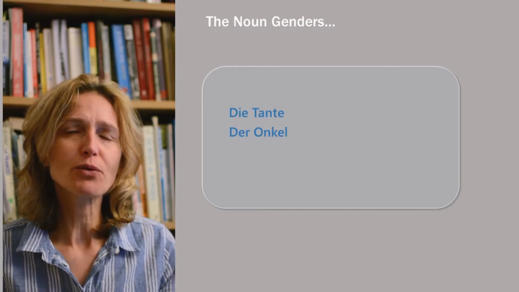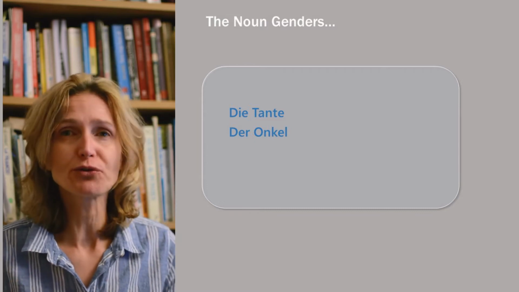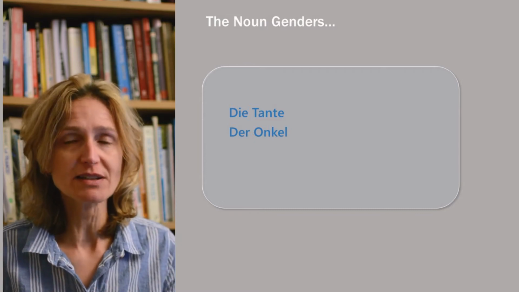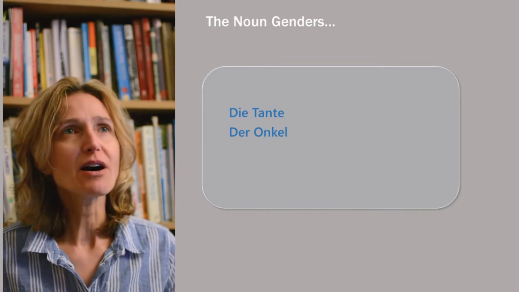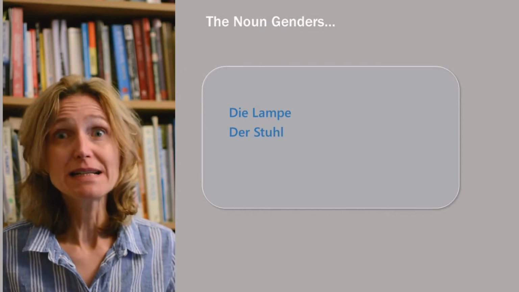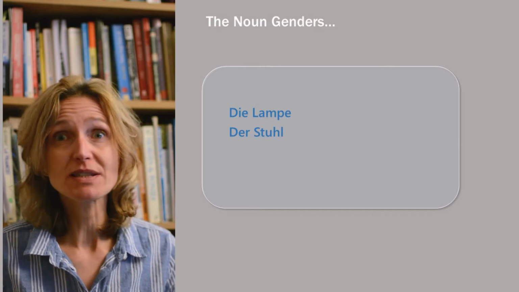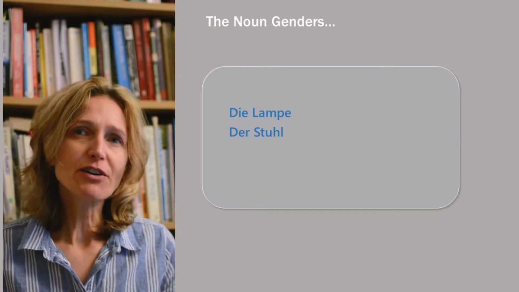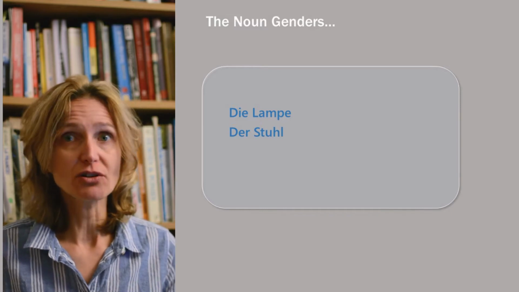For example, nouns that relate to people, so aunt and uncle, follow the genders, but otherwise they're often completely arbitrary. For example, a lamp is feminine, so die Lampe, whereas a chair is masculine, so it's der Stuhl. So the advice is always that you do need to learn the genders as you're learning the nouns.